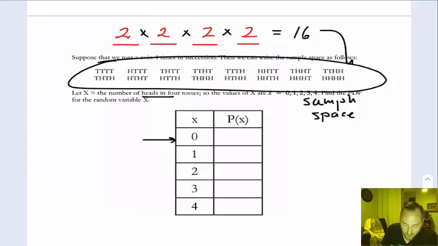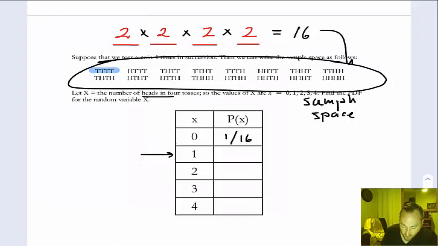For 0 heads, that would be the first one here where they're all tails, and that's only 1 out of the 16. So the probability of getting no heads, or all tails, is 1/16. The denominator is 16 because that's the total number of outcomes in the sample space. Let's slide this down for the next one.